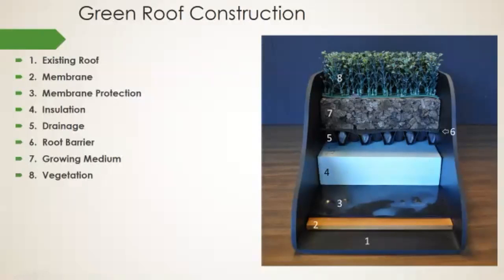The GRM is typically a mix of medium, usually for extensive roofs. However, some intensive roofs use it. It's primarily mineral based on various particle sizes, and it's usually expanded shale clay. Think of puffed rice or volcanic rock, with a lot of air pockets in it.